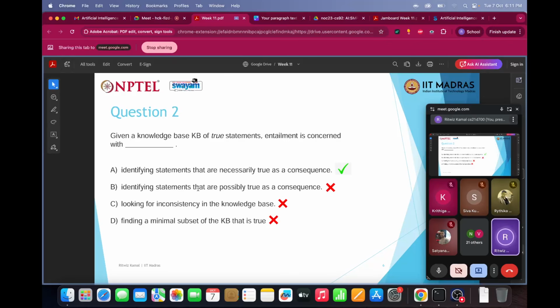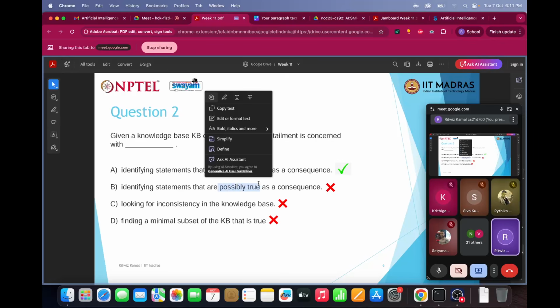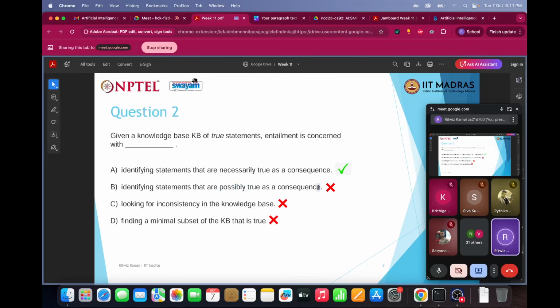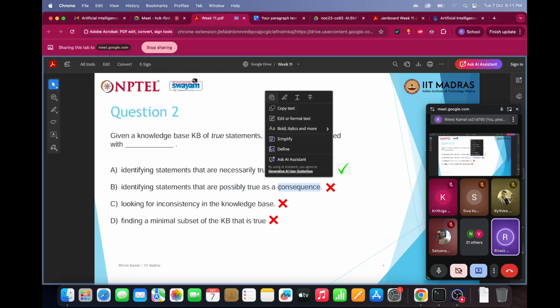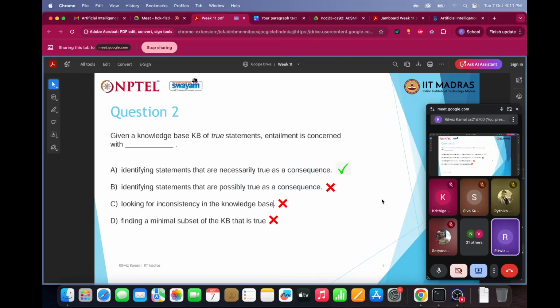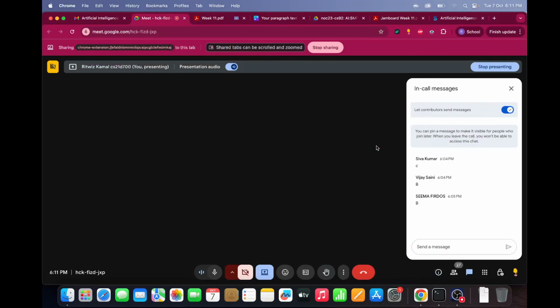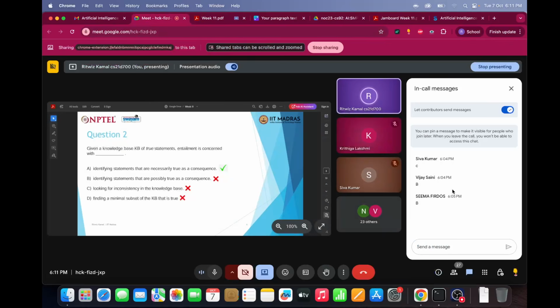The only confusing option might be option B, but statements that are possibly true, the statements whose truth value we are not yet sure about, are not something we would call entailed from a knowledge base. We can say that they are provable from a knowledge base, but not necessarily entailed from a knowledge base. So this was more of a theoretical question.